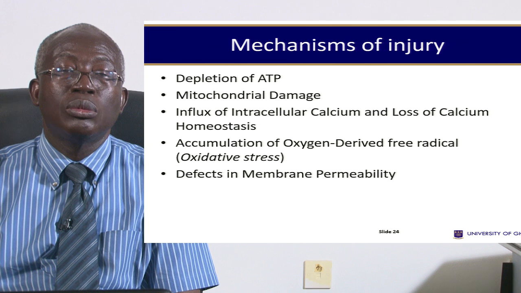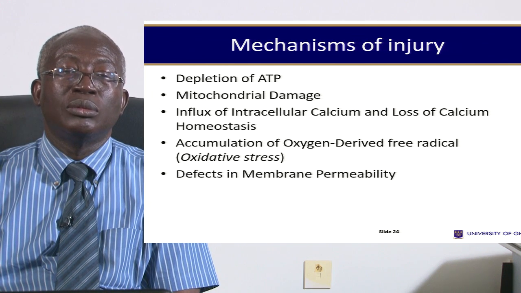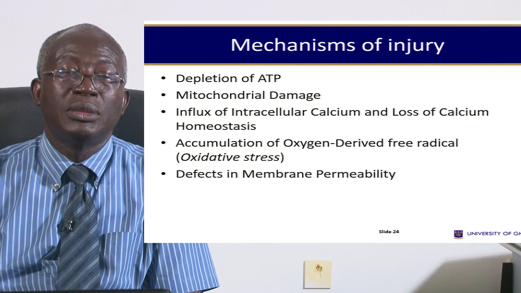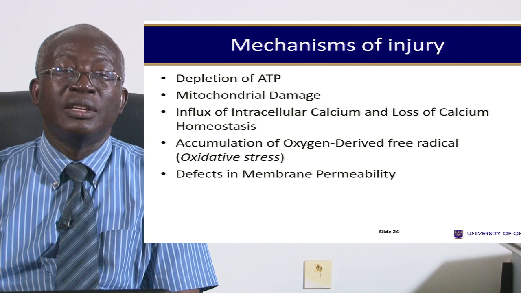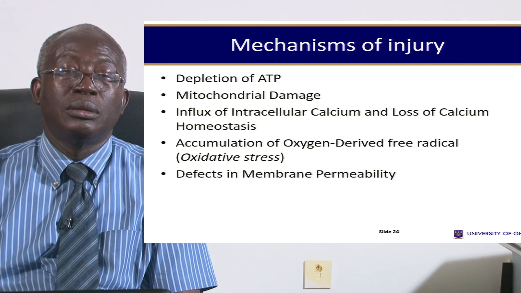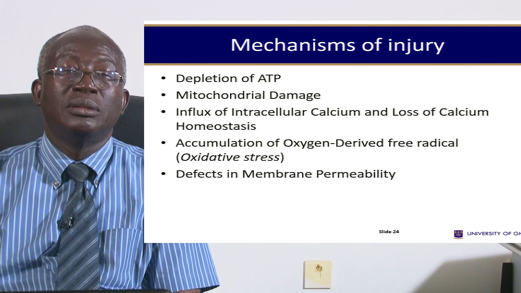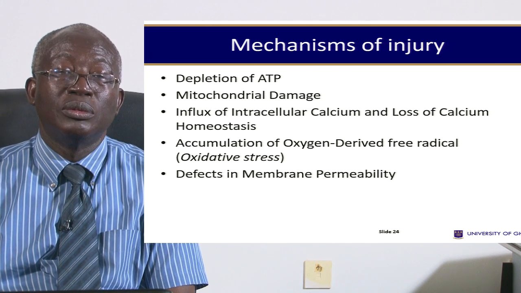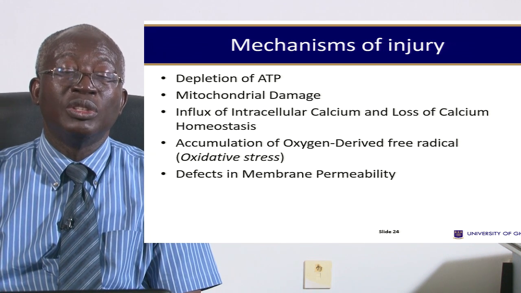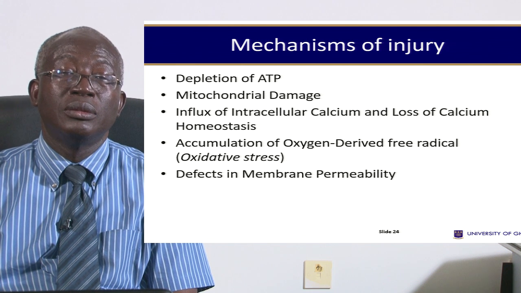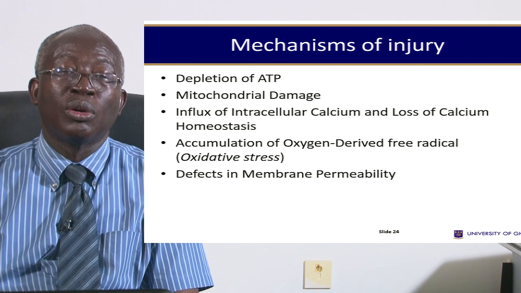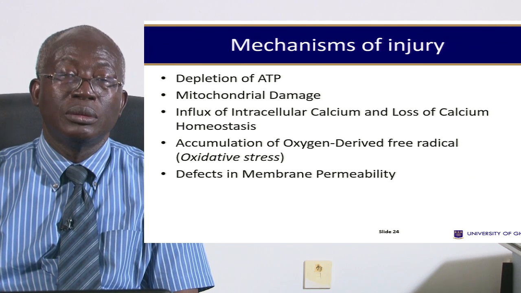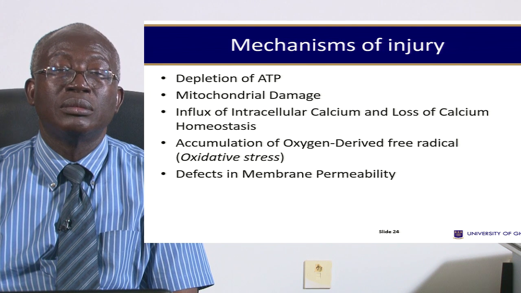So what is the mechanism by which the cell is injured? One, depletion of ATP. ATP is the main source of energy, the main way energy is used in the cell. So if you deplete ATP by not producing it or consuming it too much, you can damage the cell.